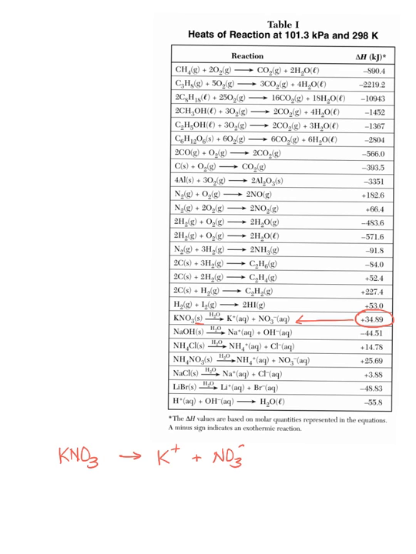Okay, which side am I going to write that heat on? It's going to go on the left side of the equation. Let's do it in blue, and I'll squeeze it in here. The heat should be on the left side because it is a positive delta H. It is endothermic, and heat is entering the reaction.